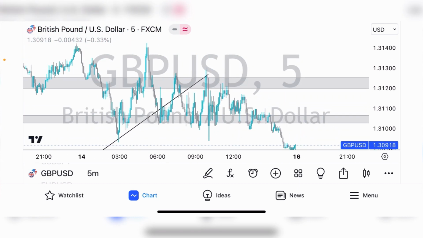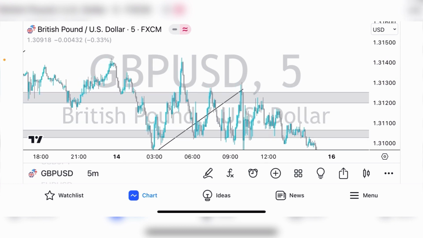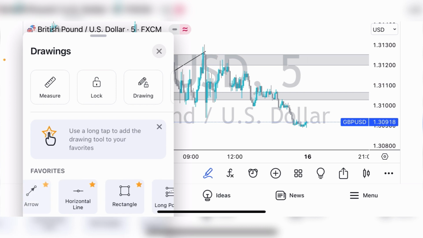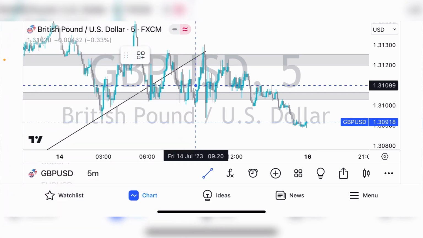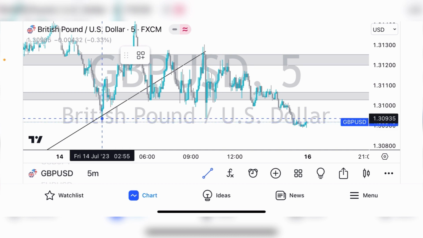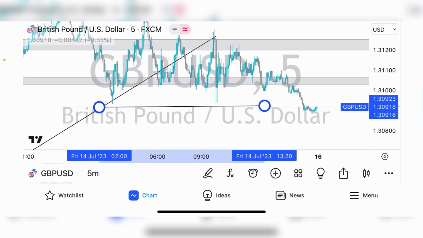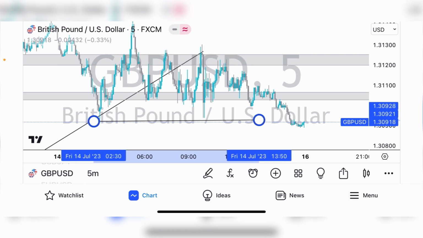As you can see right here, there's a lot of things to look at when you're trading. You just have to open your eyes, because price action is your own eyes. You have to use your eyes to see what is going to happen in the market, so that you don't flop, you don't trip.